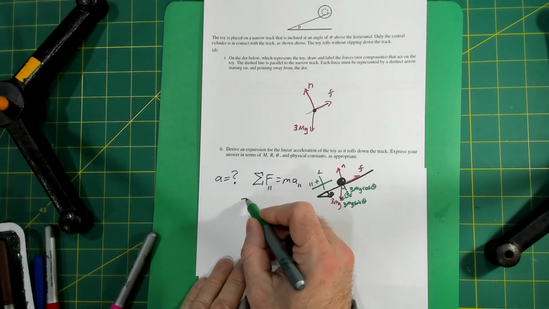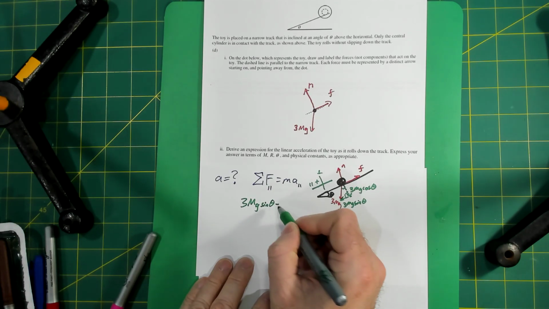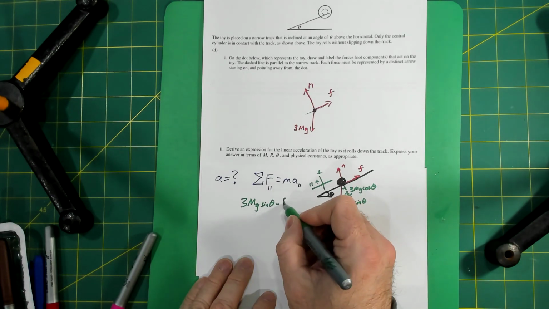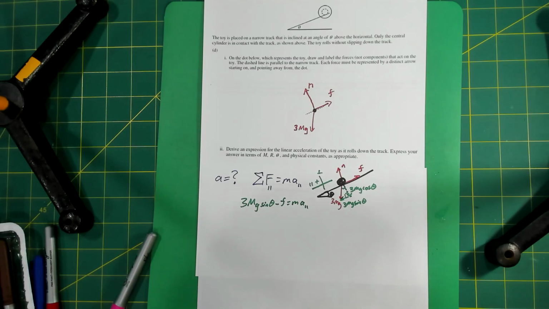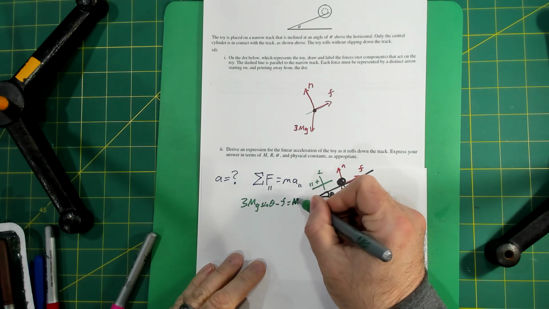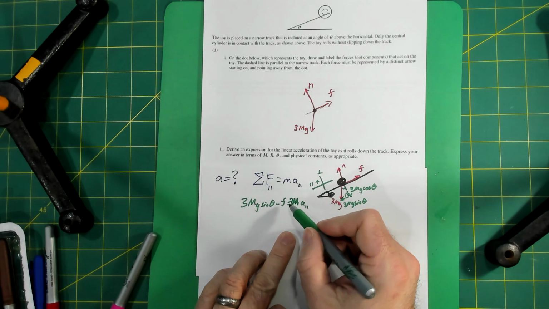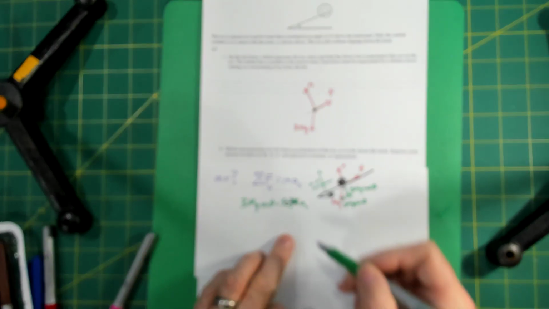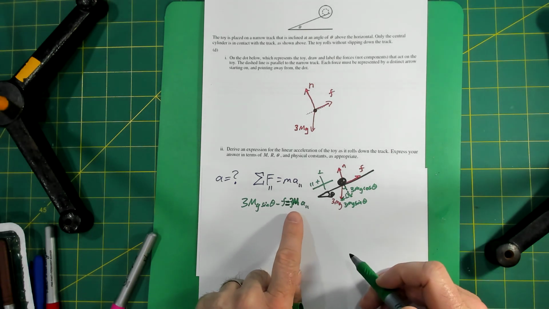So that's going to be 3mg sine theta minus friction is 3Ma parallel. Okay, and this a parallel is what I'm trying to solve for. I should make that big M, because that's the mass. Oh, it's 3M, because the mass of this thing is big 3M. Right, sorry, whew, almost messed up there. So that's what this is going to be. Notice I'm substituting using their variables right away.